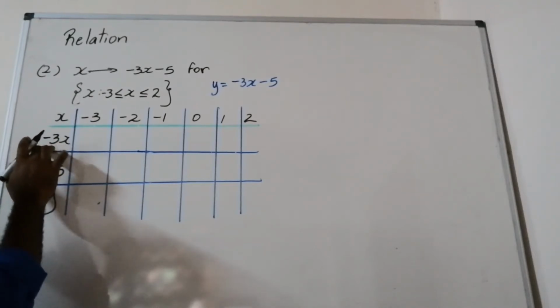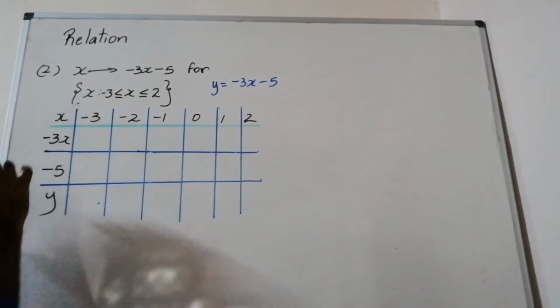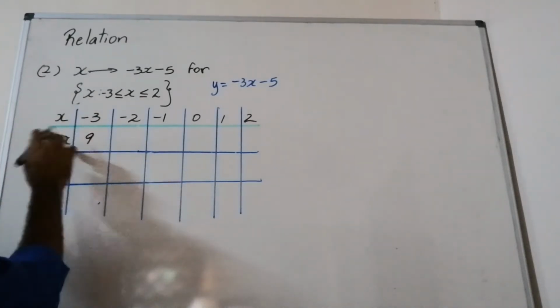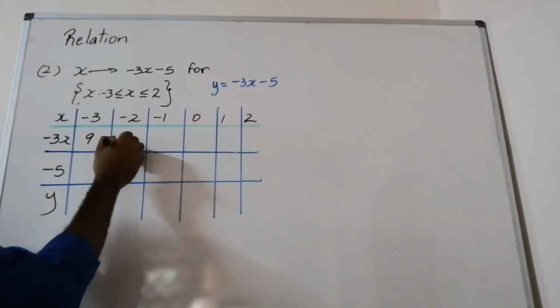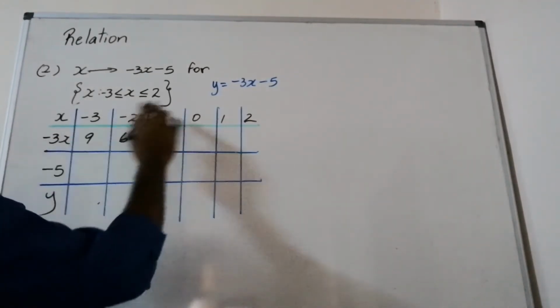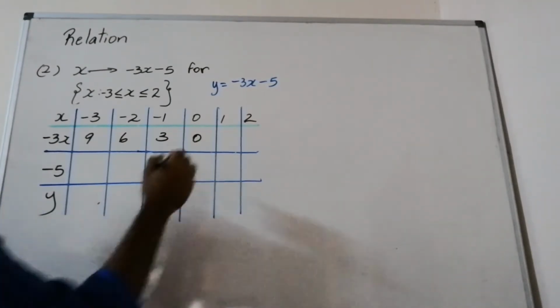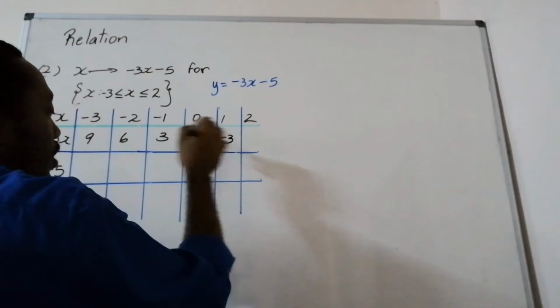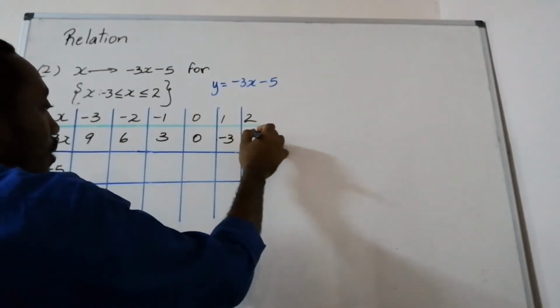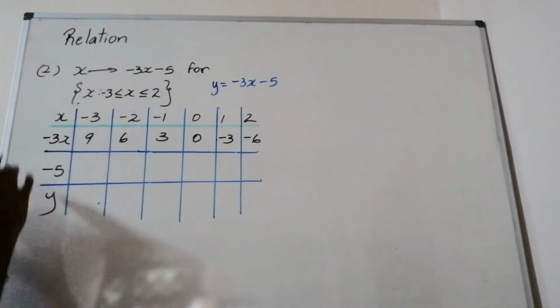So we multiply -3 by every value there. So -3 times -3 gives us 9. -3 times -2, 6. -3 times -1, 3. -3 times 0, 0. -3 times 1, -3. -3 times 2, -6.